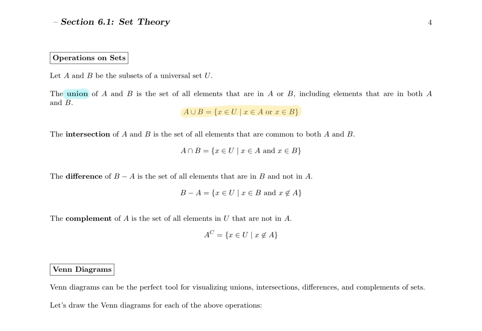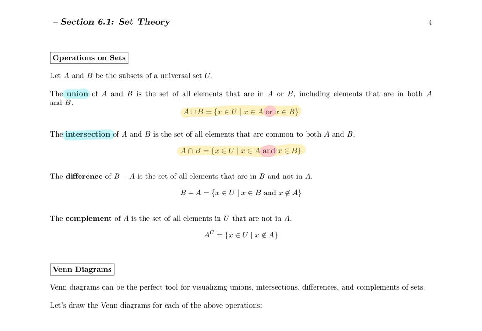The intersection of A and B is the set of all elements that are common to both A and B. So A intersection B is the set of elements X in our universal set such that X is in A and X is in B. The key here is the difference is that a union is an OR and an intersection is an AND.